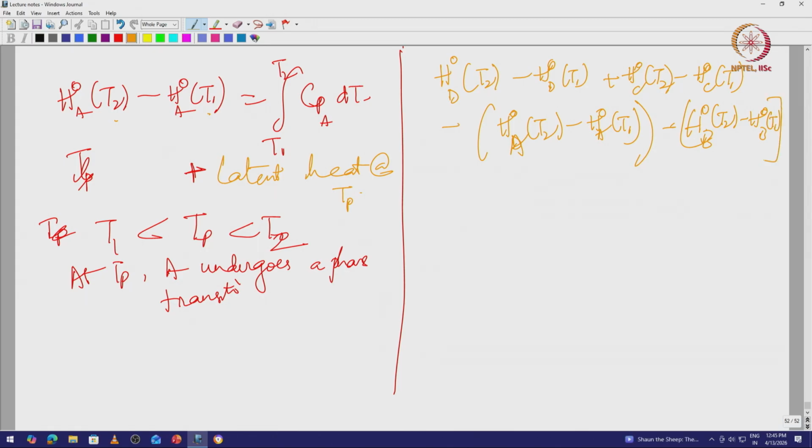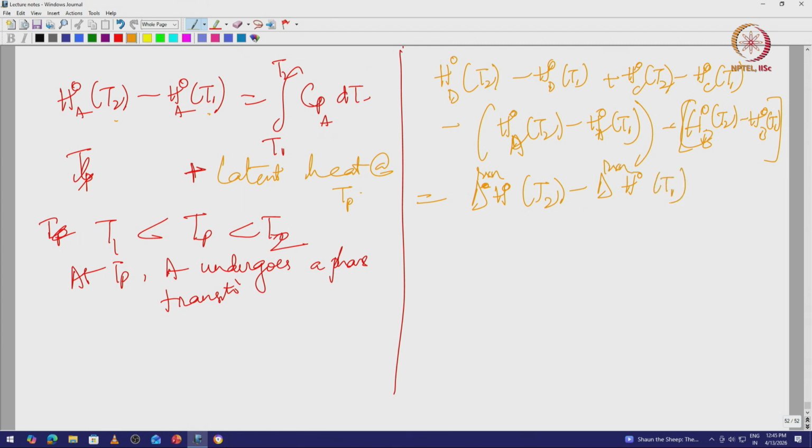I think I am just unnecessarily belaboring it, but that is equal to delta H naught reaction at T2 minus delta H naught reaction at T1.